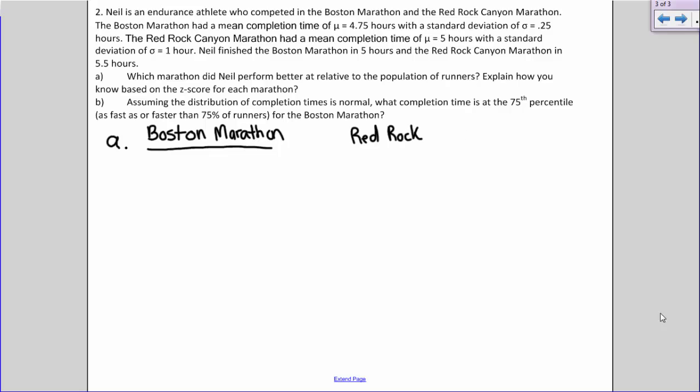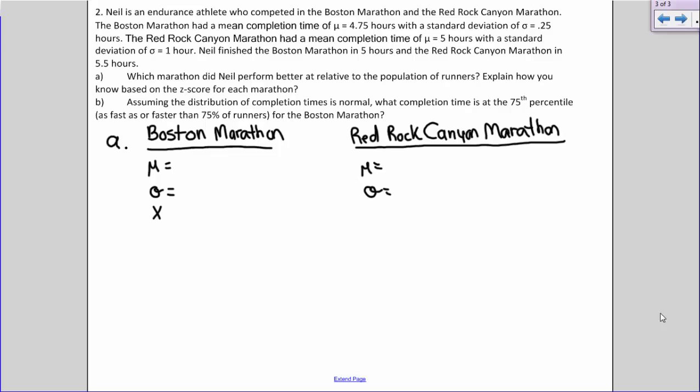Red Rock Canyon Marathon. All right, so let's go ahead and jot down the population mean for each, the standard deviation for each, and then what Neil's actual score was, or his completion time for each.